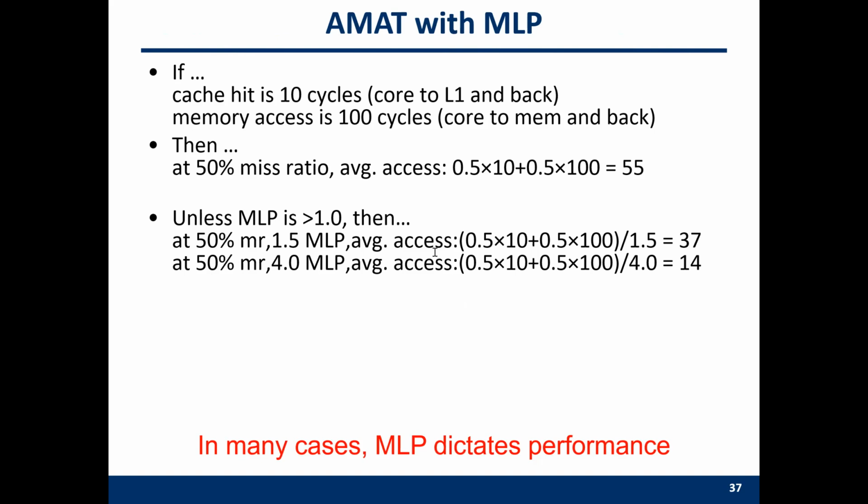So assume the cache hit is 10 cycles. Memory has 100 cycles. Assume the cache hit rate is 50%. What's the average? So 50% of requests hit, and the other 50% go to memory. So this is the average. However, if you increase your memory level parallelism beyond one, for example, you have 2 MSHRs or 4 MSHRs or 8 MSHRs, you can overlap the misses.